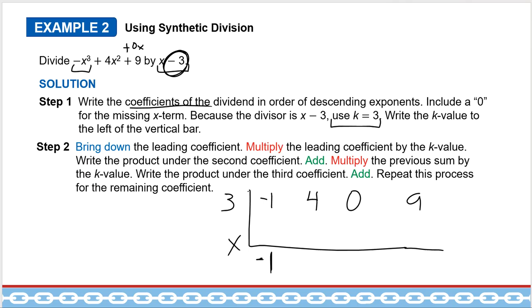So that answer is going to go right here. Now I sum down. 4 minus 3 is 1. Now I multiply. 1 times the k-value of 3 is 3. And I sum down.